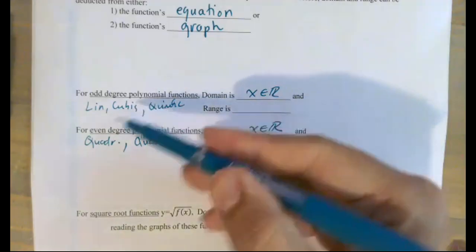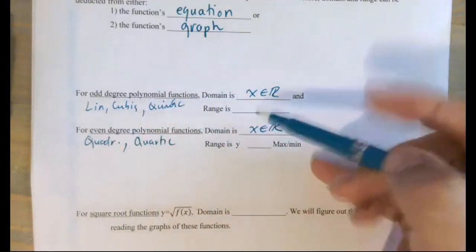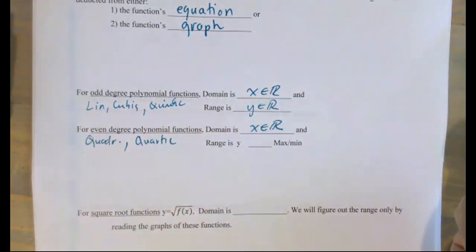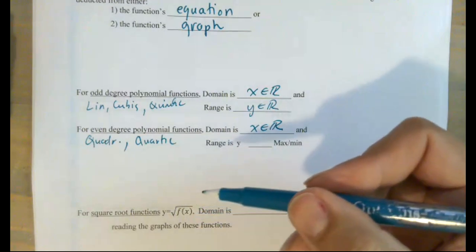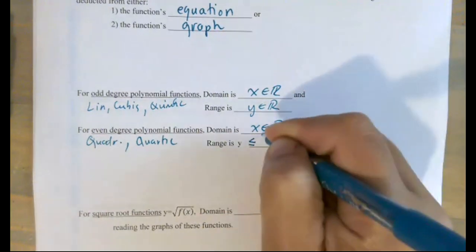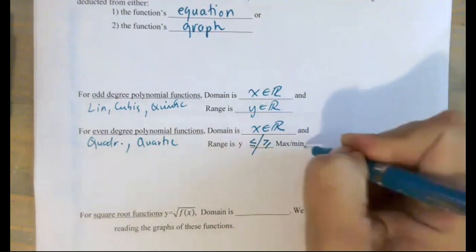Now for the odd degree, linear, cubic, quintic, the range is also all of the real numbers. For even degree, because you have a maximum or a minimum, the range will be less than or equal to the maximum, or greater than or equal to the minimum.